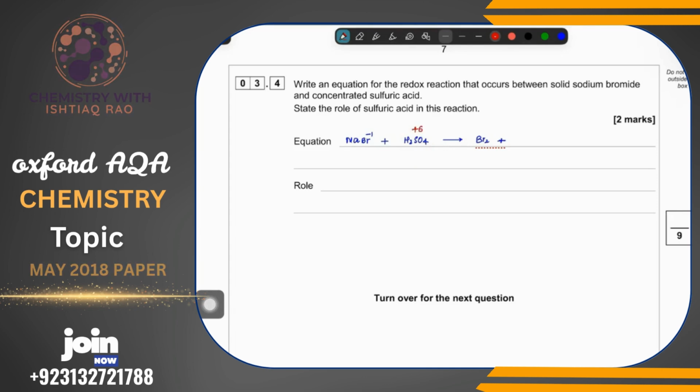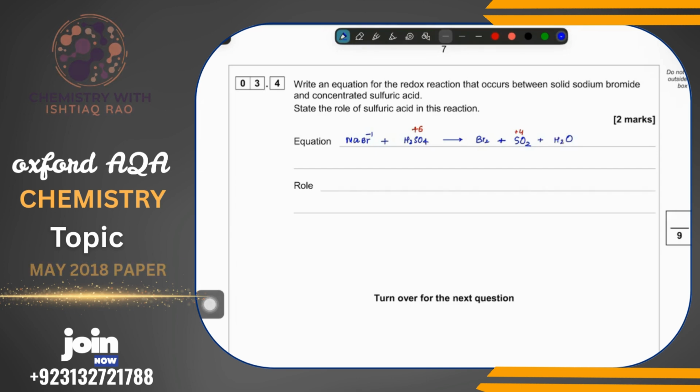Since it's going to be reduced, it reduces itself from plus 6 to a lower oxidation number. So it's going to be SO2, in which the sulfur is plus 4. I can say this is reduced, and along with it H2O is formed.